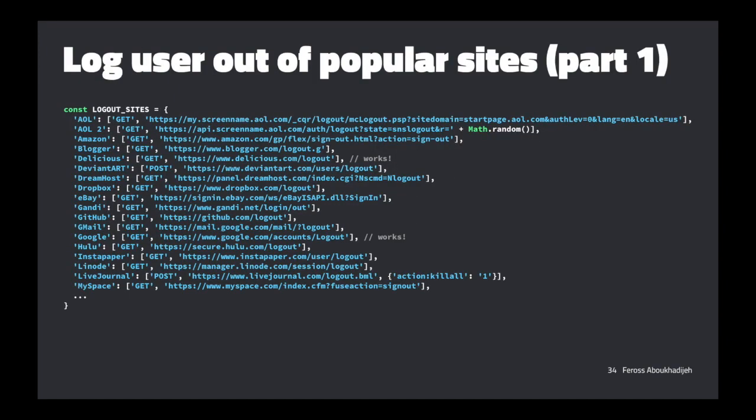OK, this one is interesting. We can all understand what this is doing now that we've talked about CSRF. It turns out there's a bunch of sites like this. A lot of these are fixed now, but last time I tried, Google's hasn't been. Some of them still work. Literally, if you go to this URL here, you get logged out of your Google account and also your YouTube account. What's interesting about this is it's a GET request.